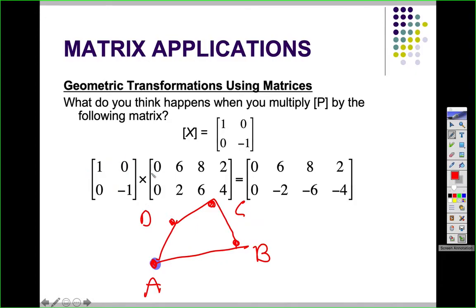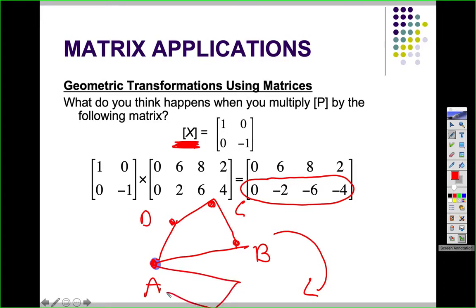And then what you see is I left multiplied by the x reflection. So what this did was reflect over the x-axis. It took this picture and reflected it down. Look at these new y coordinates. See, the y coordinates went from positive to negative. So it took this picture and flipped it down under here.